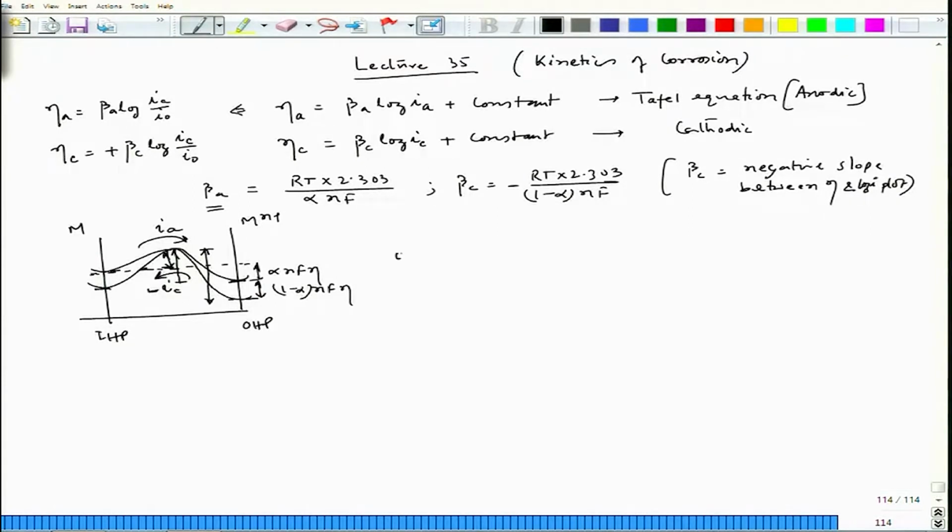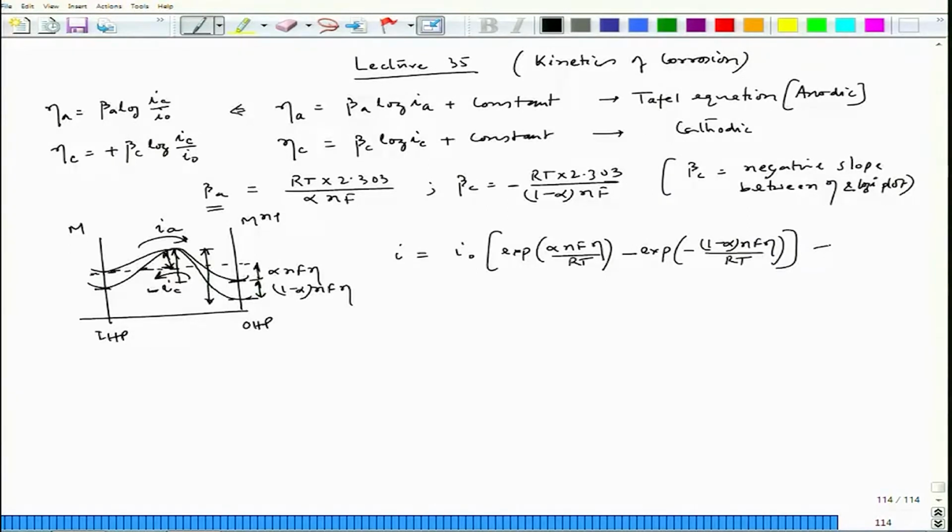So, at that time we get an equation of this sort, which is I 0 exponential alpha N F eta by R T minus exponential minus 1 minus alpha N F eta by R T. With this consideration we get to the equation we proved in the last lecture.